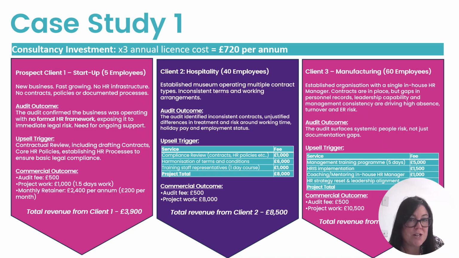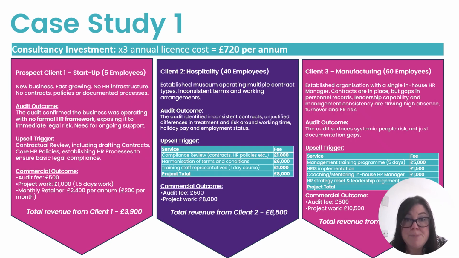They've not got a trade union, the staff reps don't know what their role is. There's a fantastic opportunity there to upsell a one-day training staff rep course. So realistically, you could be looking at £500 audit and about £8,000 for the project work, giving a total revenue for client 2 of £8,500.